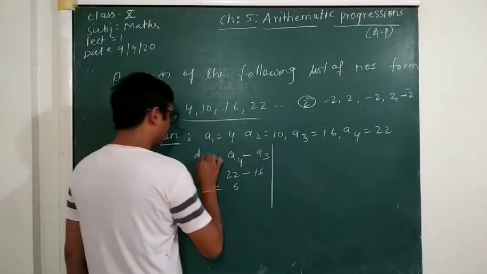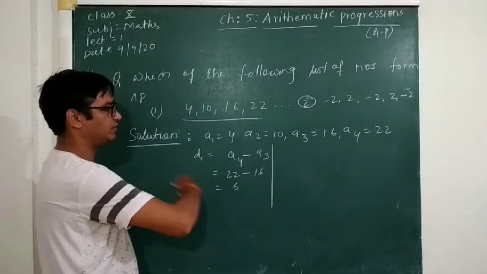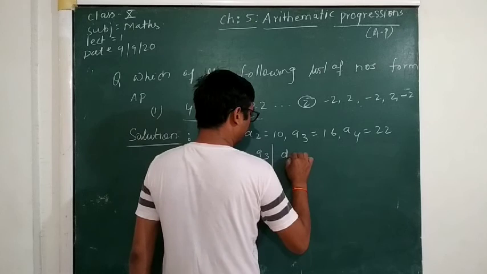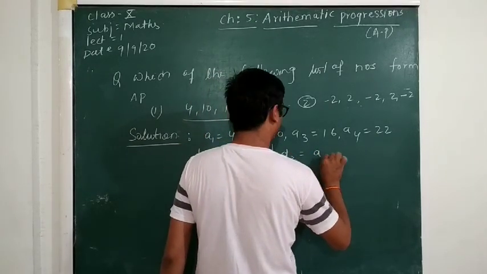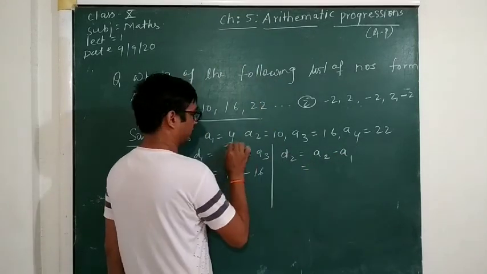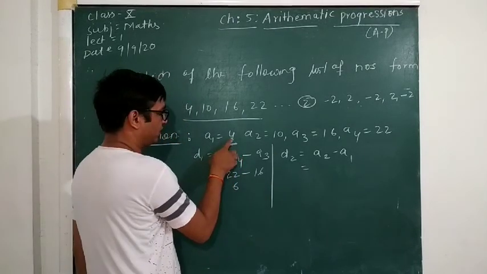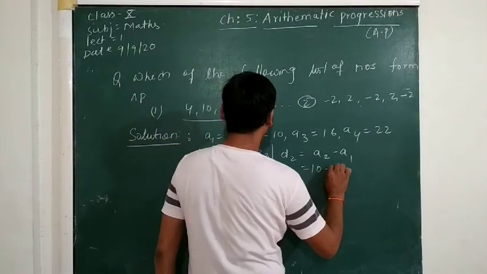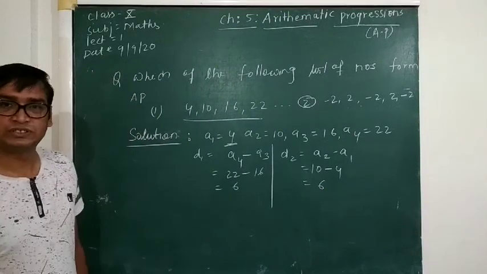In a similar way, if you are finding the common difference using other terms, you can write d1, d2. So d2 you can write as A2 minus A1. Taking A2, here 10 minus 4, also gives 6.